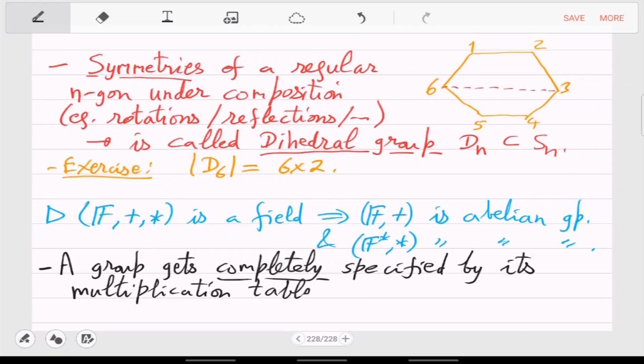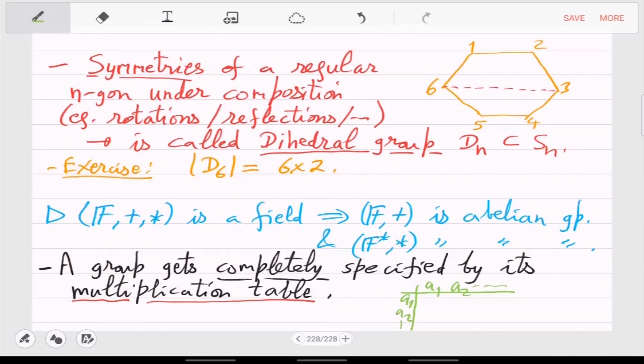You just have to tell the rules of multiplication. This will be a table where the columns are indexed by A1, A2 and the rows are indexed by A1, A2.